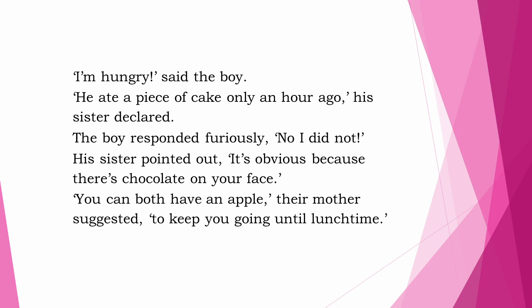The mother's speech without the extra text in the middle reads, "You can both have an apple to keep you going until lunchtime." That's one whole sentence. So the second part of the speech doesn't need a capital letter at the beginning because it's still part of the mother's sentence. It's the middle of the sentence, so it only wants a lowercase t for the word to.